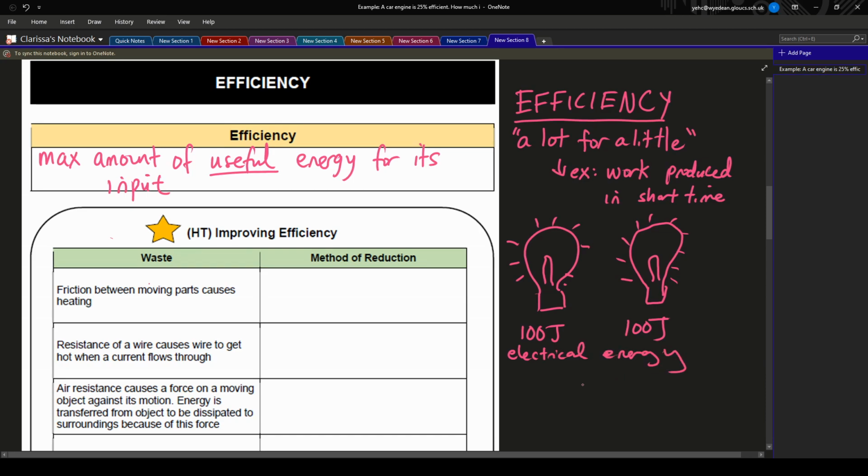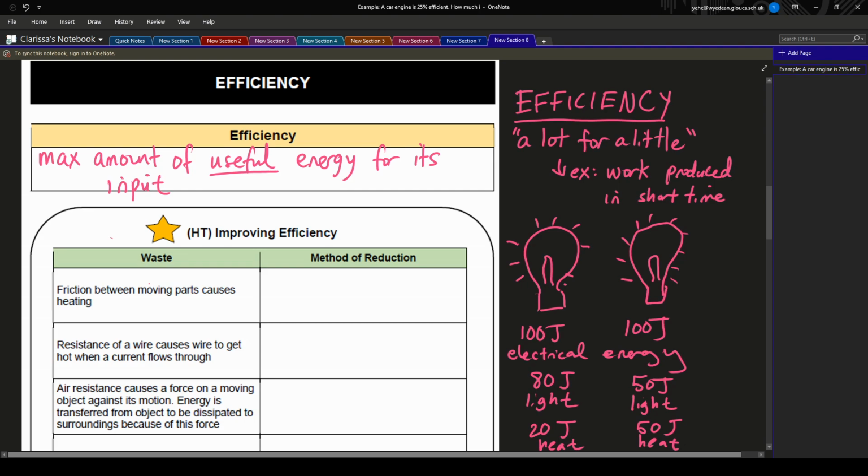So 100 joules of electrical energy is going into these light bulbs. For light bulb number 1, 80 joules is transferred into light, and light bulbs heat up a bit, so let's say 20 joules is heat. With this light bulb, let's say it's 50 joules as light, and remember the law of conservation of energy, that means it also has to be 50 joules as heat.